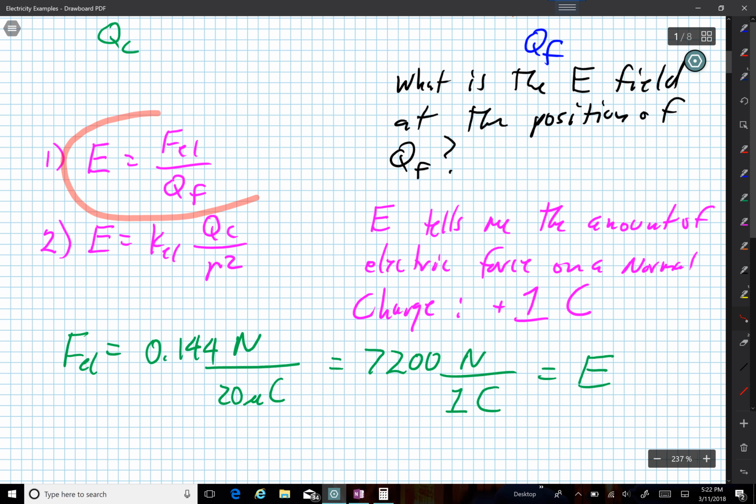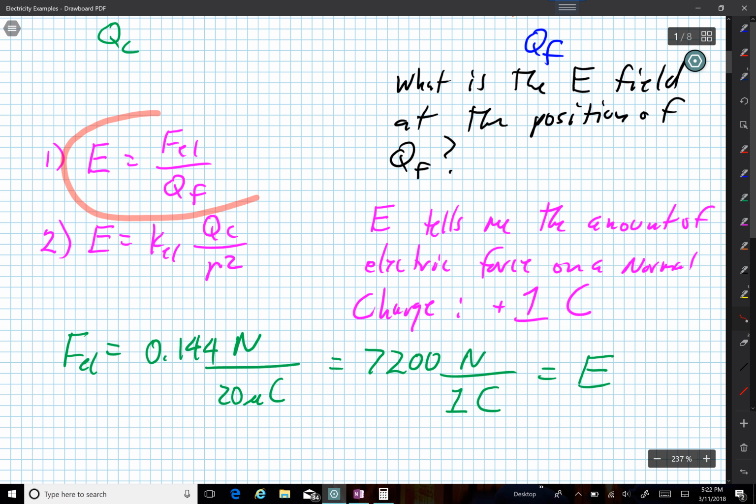All right. But we should get the same answer if we use our second equation, because we have all the information we need for that as well. Let's actually do that calculation. So we should have E equals K electric times Q central, which was, let me remember, 5 microcoulombs, over 2.5 meters squared.